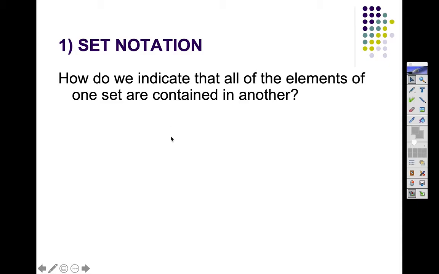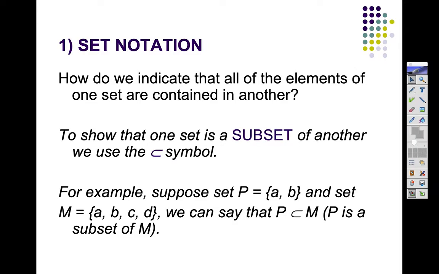How do we indicate that all of the elements of one set are contained in another? So subset, what does that mean? It means everything in one set is already in a bigger set. To show that a set is a subset of another, you use this kind of elongated C. Suppose a new set P is just A and B. Well, we know that the set we've been using, M, has A, B, C, and D. So everything that's in P is in M, no exceptions.